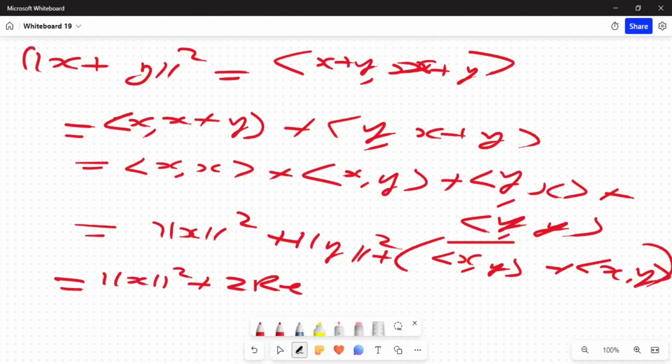That's what I'm trying to say. There are 2 of them, this plus this, but it's going to be a real number because if you take the conjugate of a number plus itself, it's purely real. Then plus the norm of y squared.